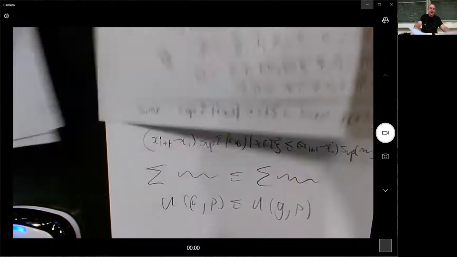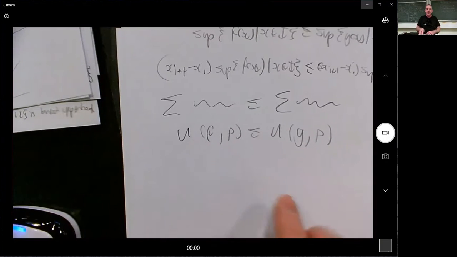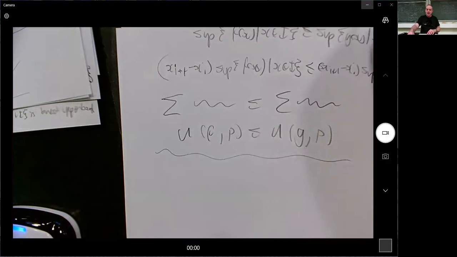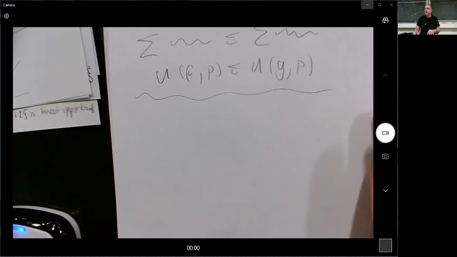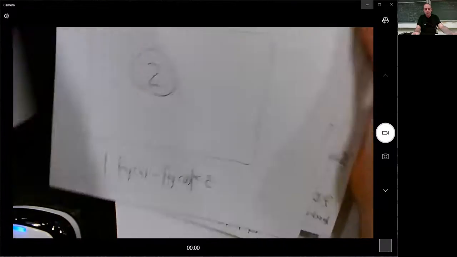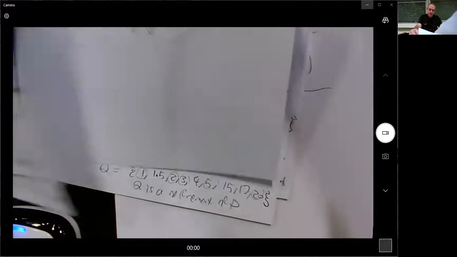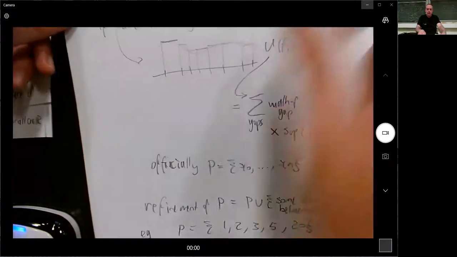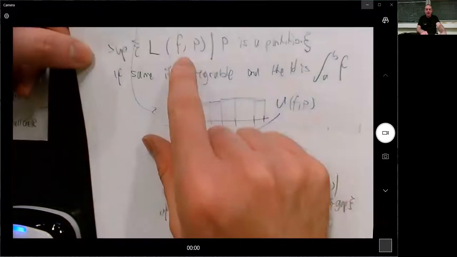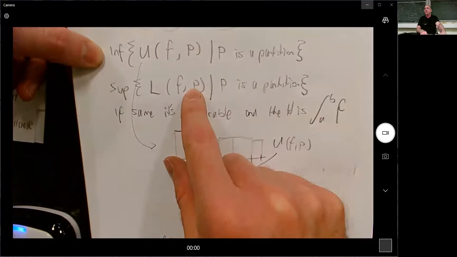Okay, so where were we? So you were saying that since we can believe this truth here, we know that given any epsilon greater than 0, I think we've got a proof now. In order to show that the integral of f is 0, we have to show that both of these things are equal to 0.